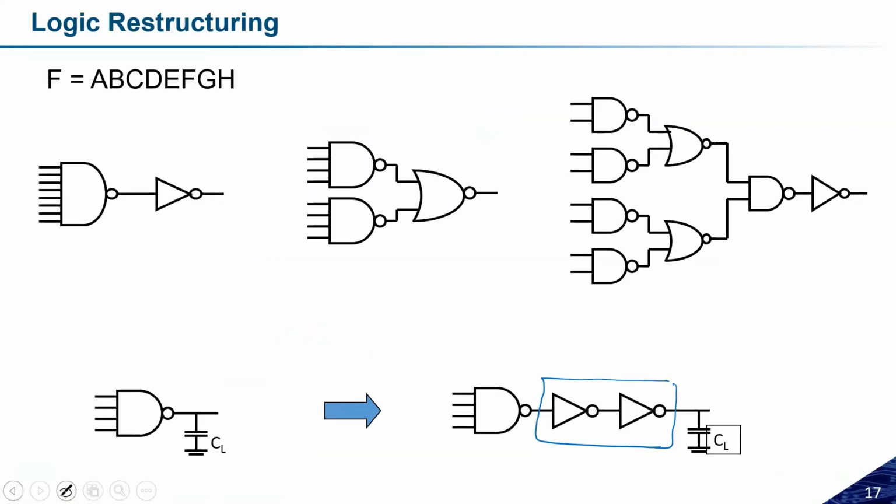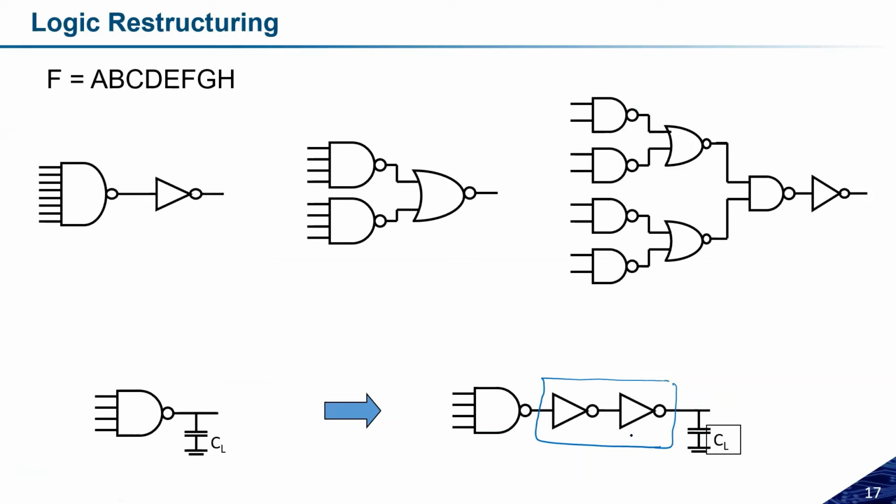See, the important thing is the buffer has some delay. I have inserted two inverters, so definitely there will be the individual delay of both inverters. But whatever the delay of this buffer is, it can reduce the loading effect in such a way that the overall speed will be better.